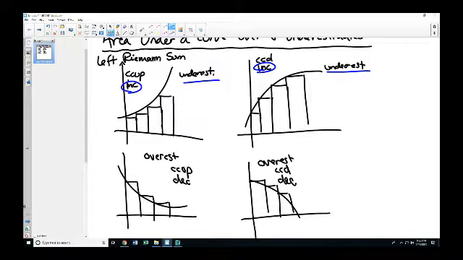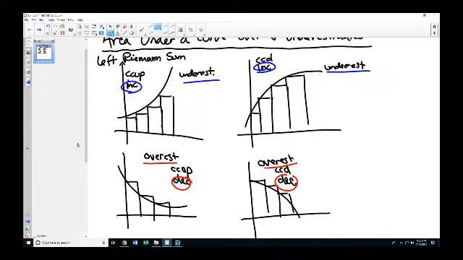Okay? They'll have over and underestimates. So, the left Riemann sum is an underestimate if the function is increasing. Okay? Conversely, a left Riemann sum is an overestimate if the function is decreasing. Okay? Again, concavity does not match here, right?